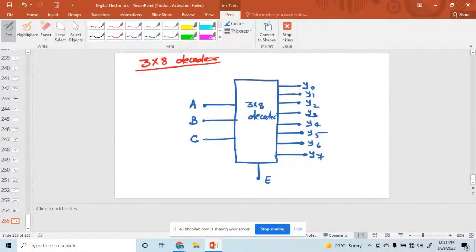Up to this point, does anyone have any doubts, any query? So how to draw the truth table? Just see that. And according to the truth table, you find the expression.